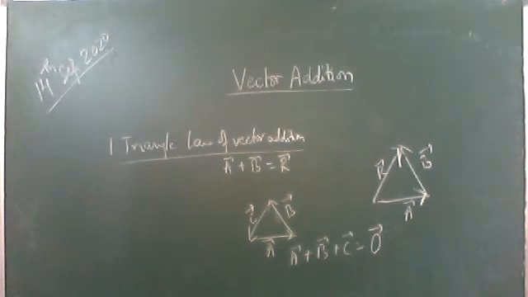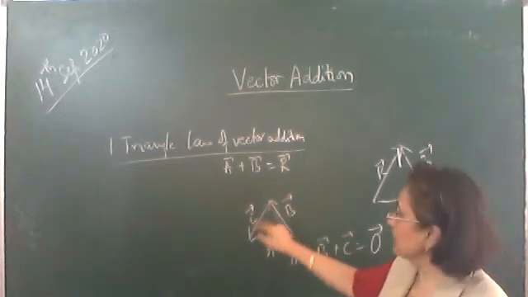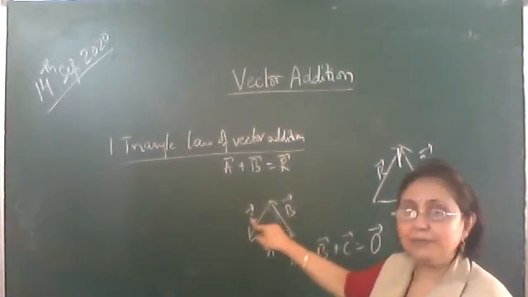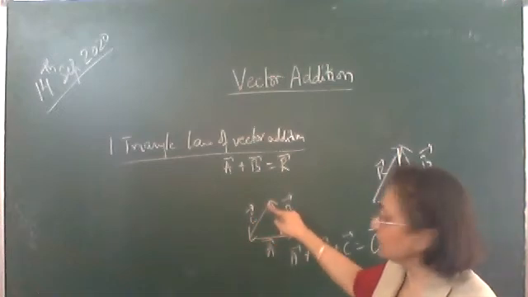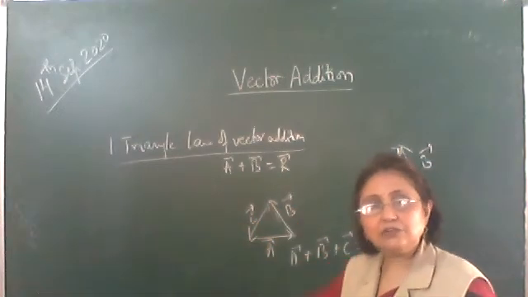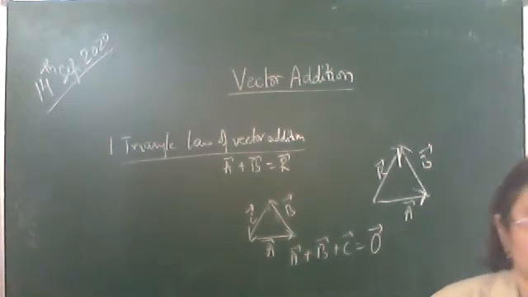If the three vectors are represented by the three sides of a triangle taken in the same order, then their resultant will be equal to 0 vector.